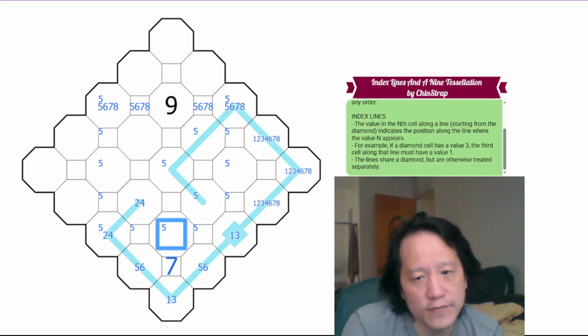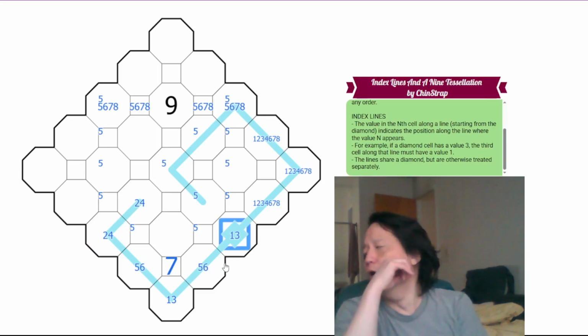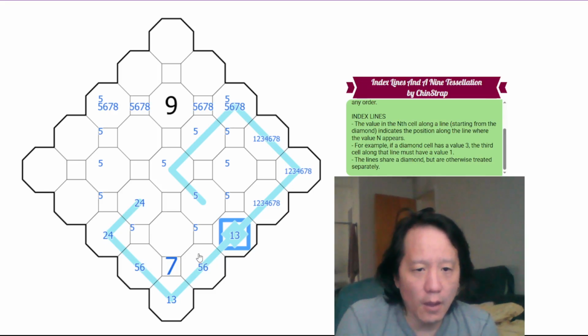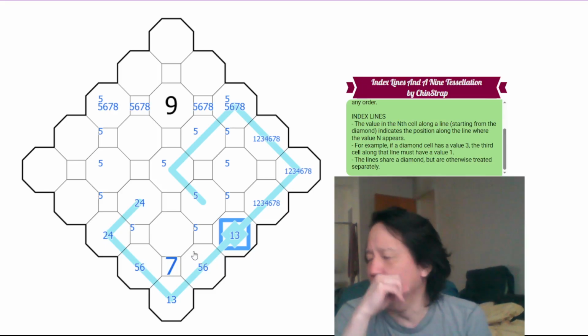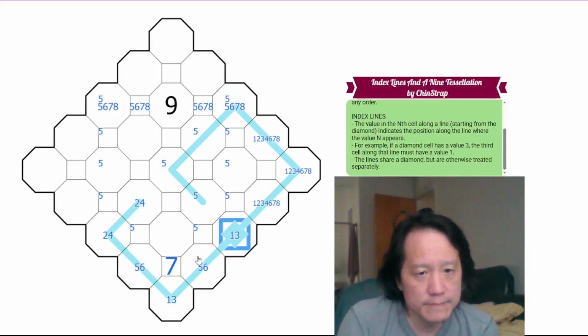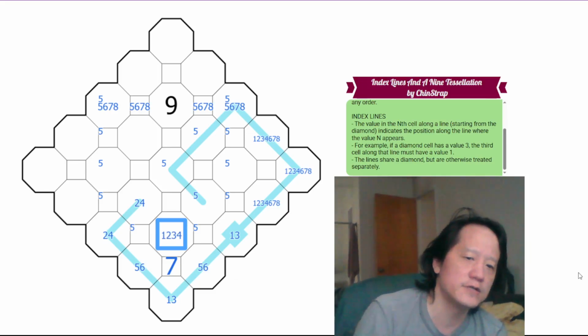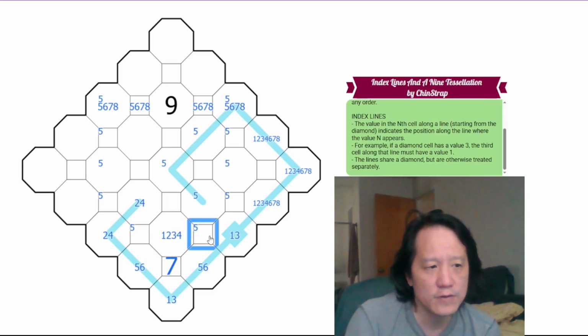We cannot have 5 here. This can't be 5, 6, or 7. So it's 1 through 4. It cannot be 8, because 8 cannot be with 3 and 4 to form a 5-length Renban.